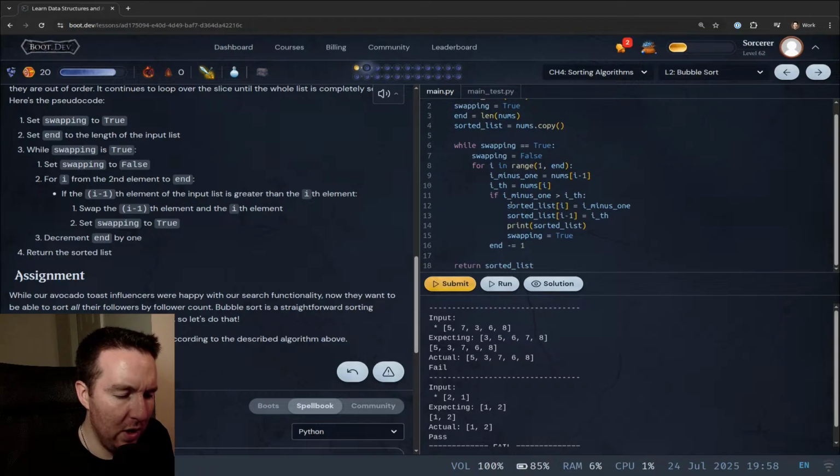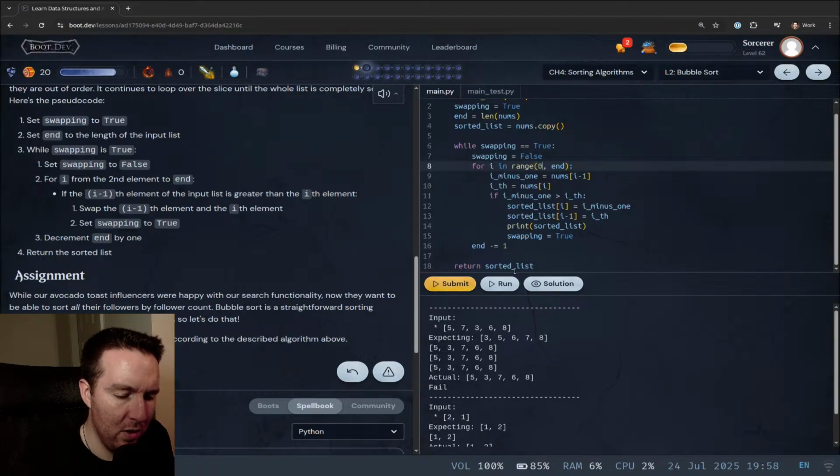So do we only decrement while swapping is true? So is that the key? I need to have the end outside of the thing. Maybe we don't need that.